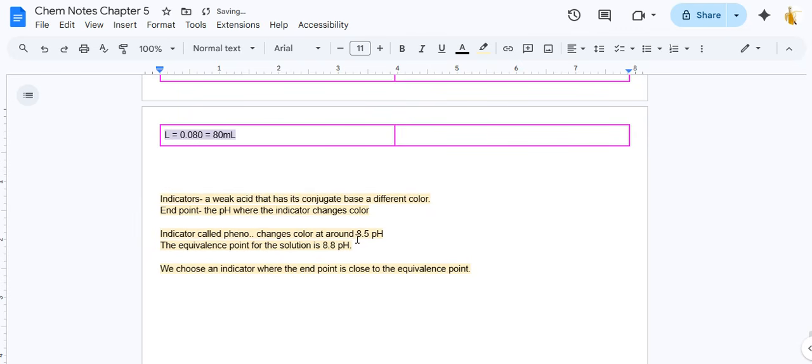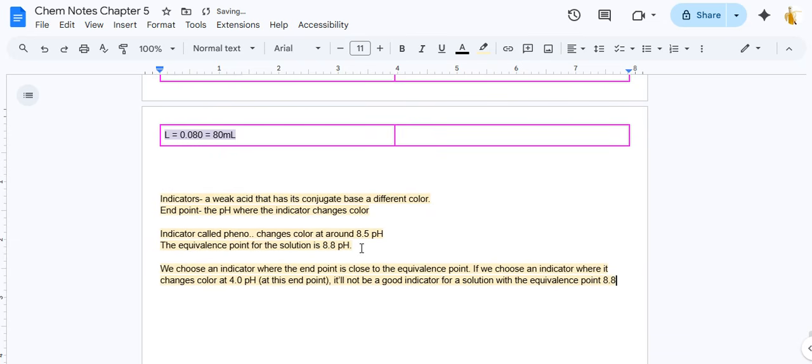And so if we choose an indicator that changes color at, let's say, 4.0 pH, so at this endpoint it changes color, then we're so far from this pH, so it will not be a good indicator for a solution with the equivalence point 8.8.